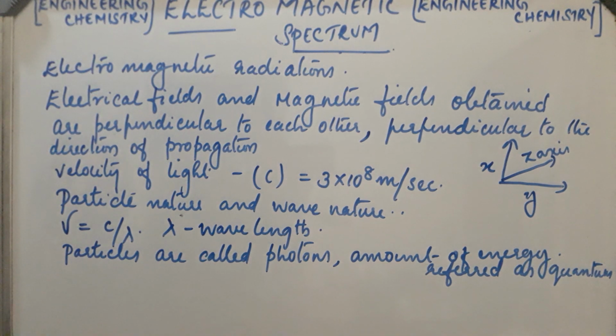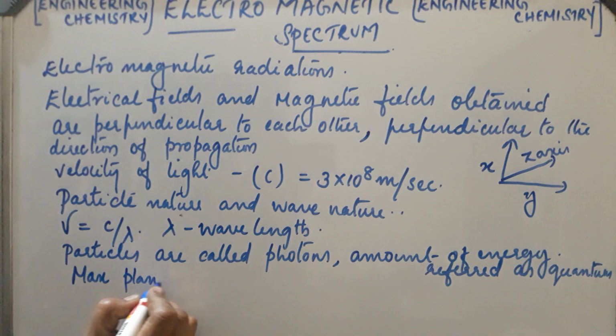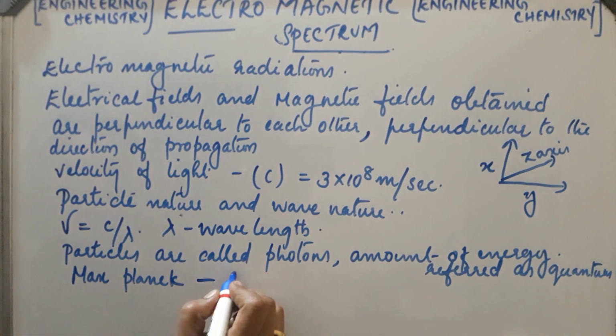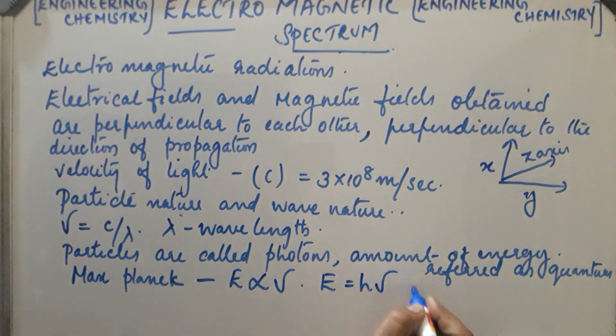Now, according to Max Planck, this electromagnetic radiation possesses both particle nature and wave nature. E, the energy possessed by these particles, is proportional to nu. Or we can say E is equal to h into nu, where h is the Planck's constant.